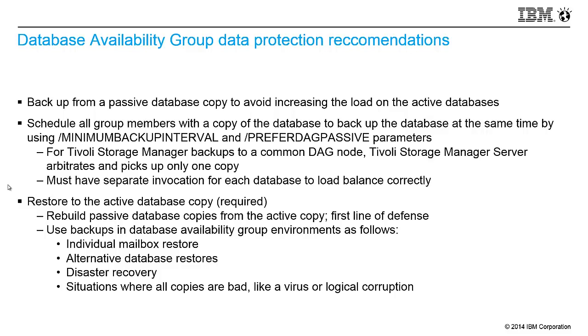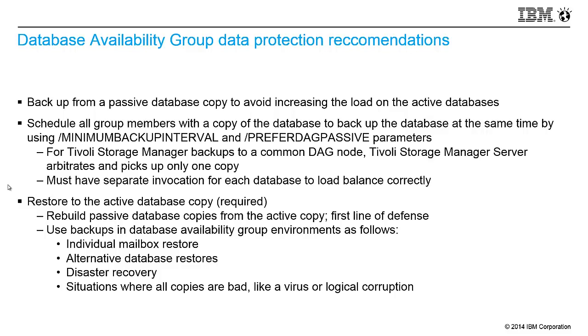And when backing up to a TSM server, what we really recommend is that from a load perspective, you probably want to back up a passive database copy to avoid increasing load on the active copies. And the way we suggest you do that is to use these minimum backup interval and preferred DAG passive parameters.